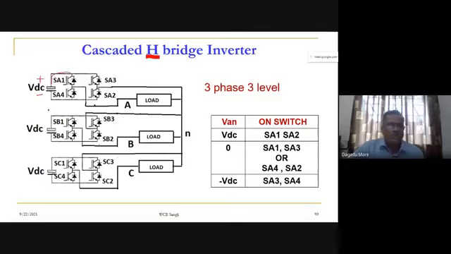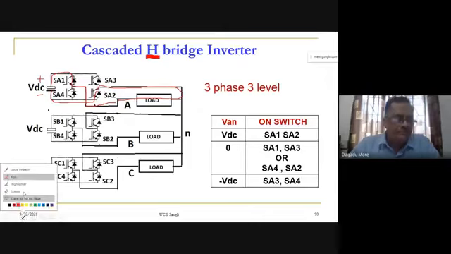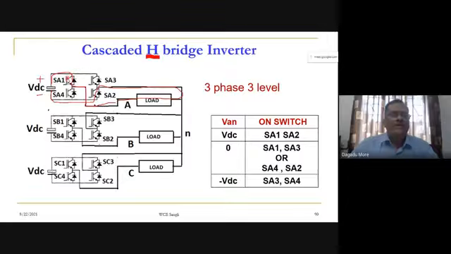You see it here. Through this switch, plus VDC will come to the point A, and through S2, this is our path of current; we have shown it here. So when SA1 and SA2 are on, point A is connected to plus VDC and the minus point is connected to the neutral.